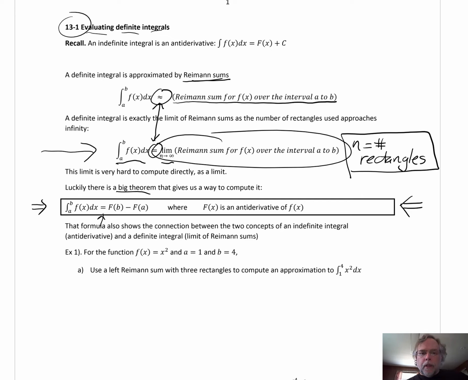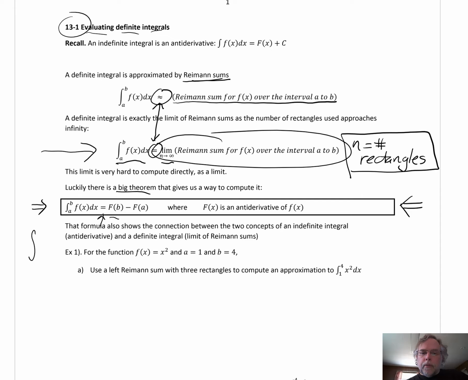Okay, and so the rest of this page and the next page are about using this formula to evaluate definite integrals. The integral from a to b of f of x dx is equal to capital F of b minus capital F of a. B is the number on top of the integration sign, the elongated S symbol, always. And a is the number on the bottom.